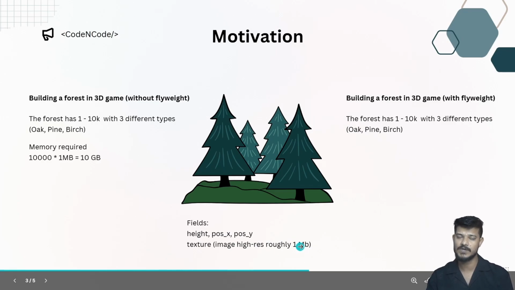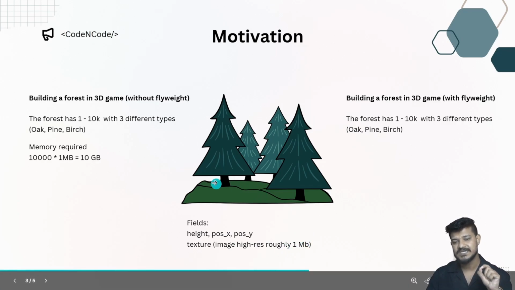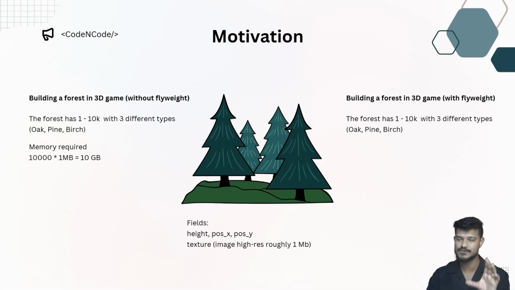This thing is common. So we can utilize this information, and instead of each tree having its own image, we are going to share between them. We only need three different images, not 10,000, only three, because each of those 10,000 will be sharing these images.